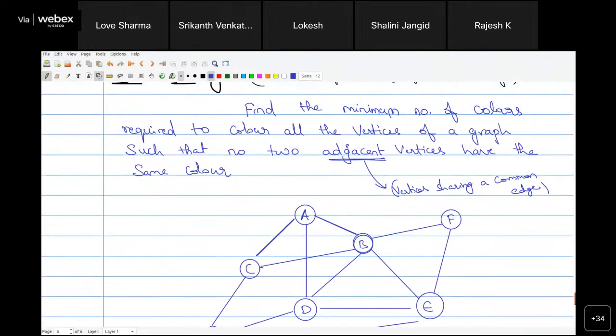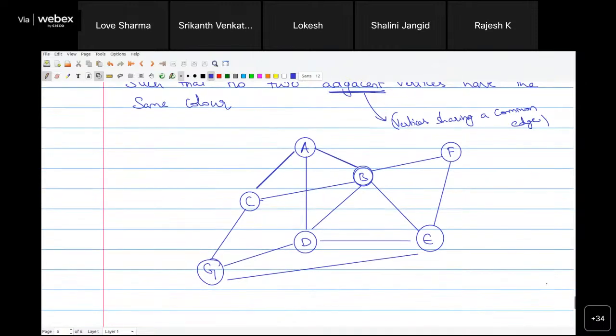Now read the definition. What we have to do is find the minimum number of colors. We have to color the vertices here. Each vertex is to be colored, and we have to find the minimum number of colors to use to color all these vertices such that no two adjacent vertices have the same color. Let us suppose I have given red color to vertex A, color 1.